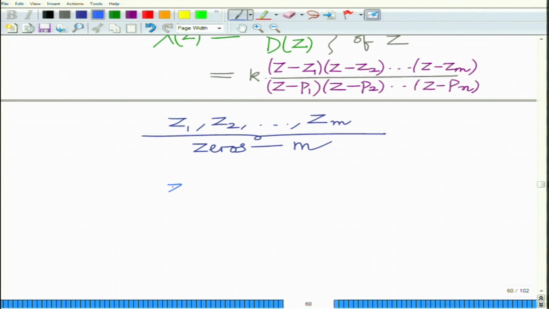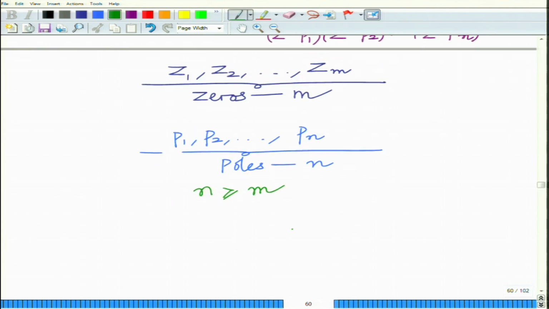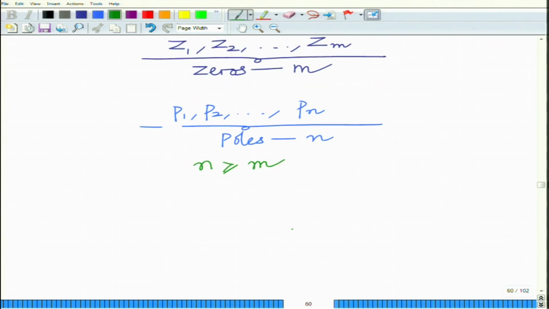And p1, p2, pn are obviously the poles. These are the n poles, and let us assume that n is greater than or equal to m. Further assume all poles are simple, that is, there are no repeated poles.